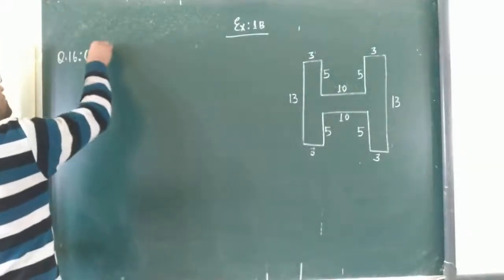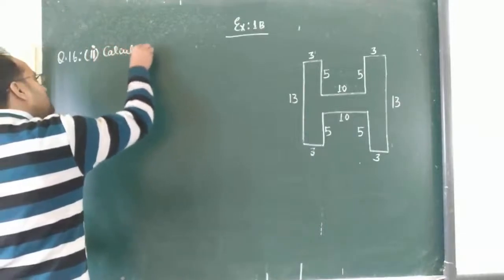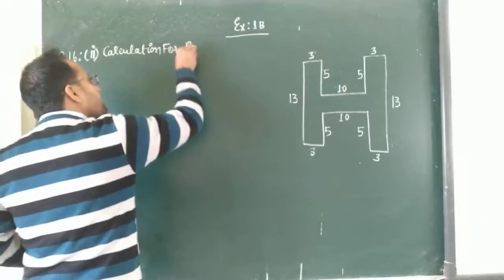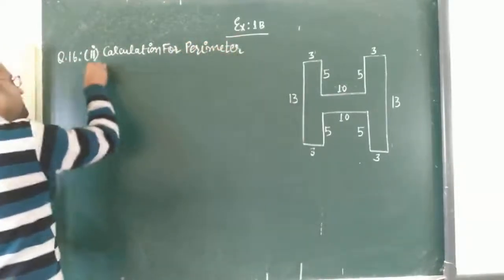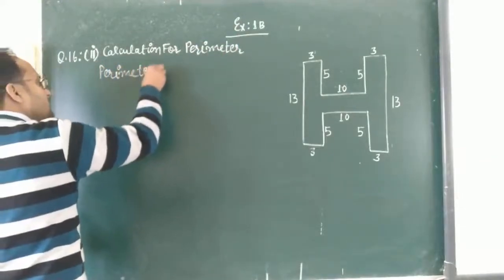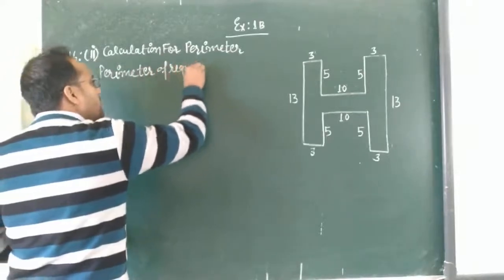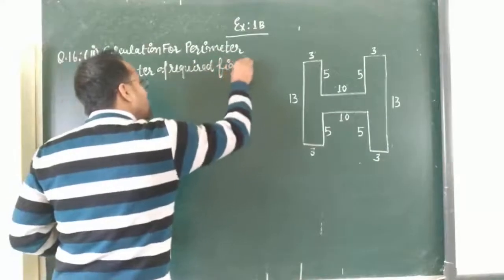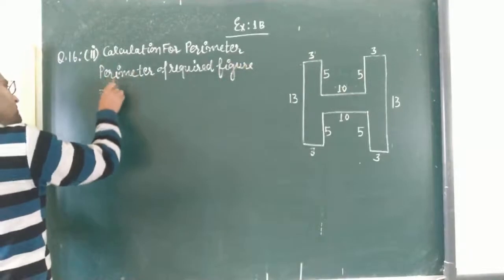Calculation for perimeter. The perimeter of the required figure is equal to the sum of all the sides.